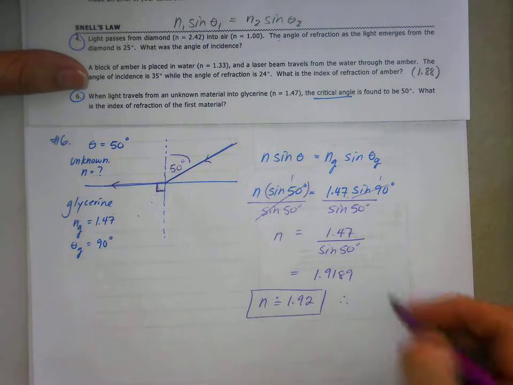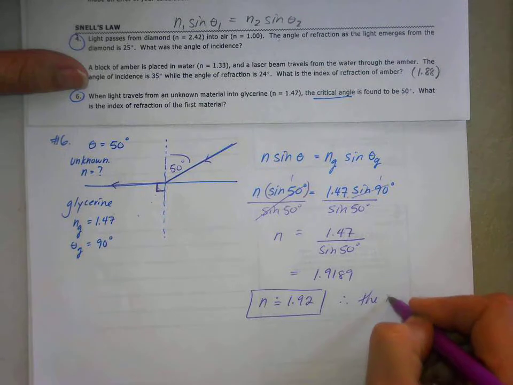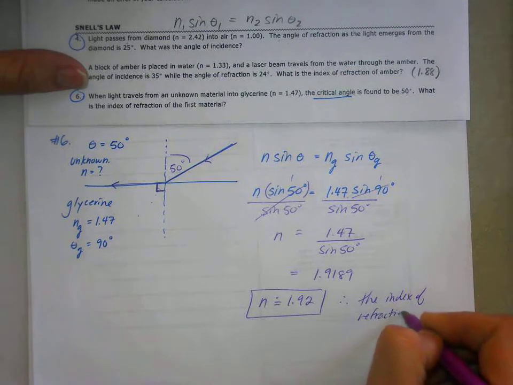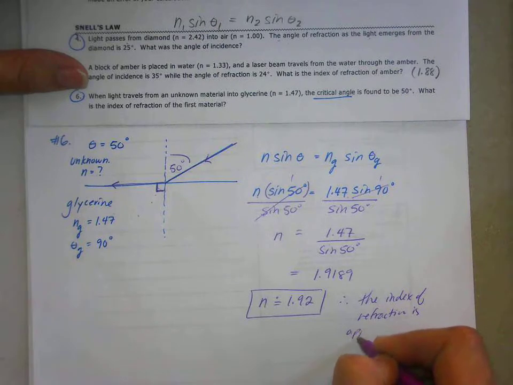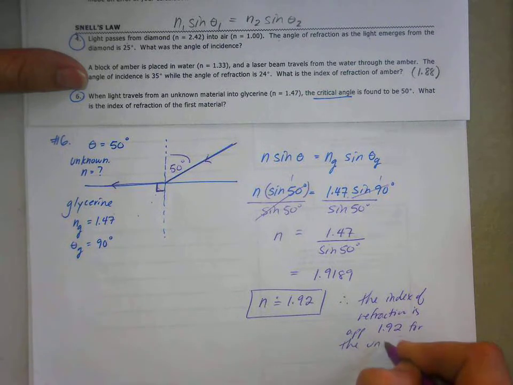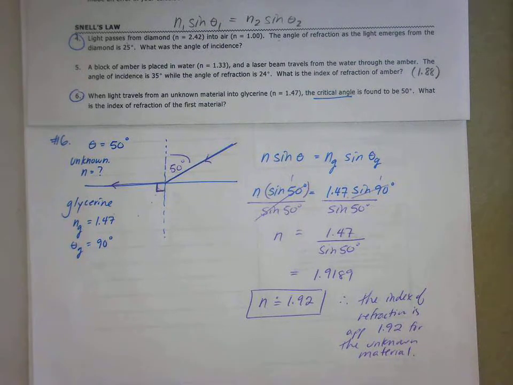Therefore, the index of refraction is approximately 1.92 for the unknown material. So with that one, it's a good little question because you have to know what the critical angle means.